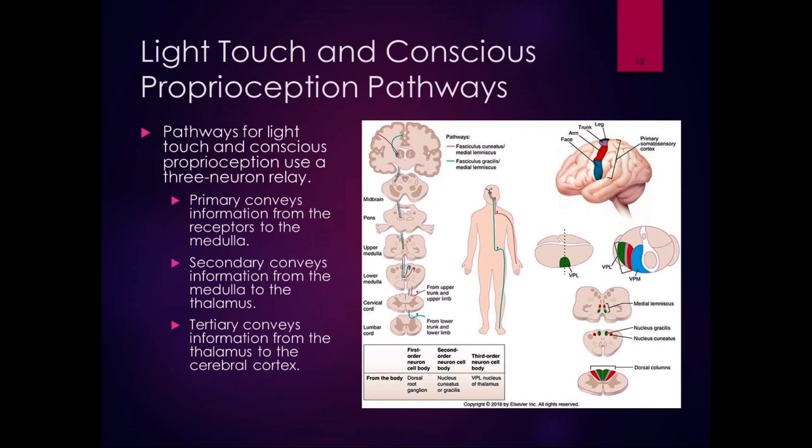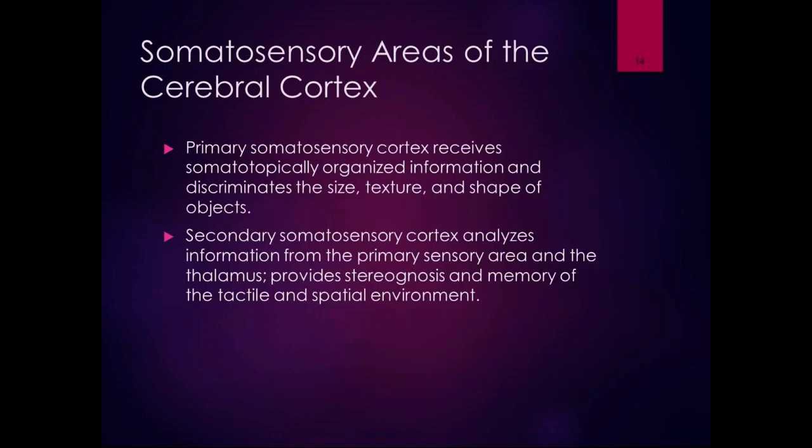This little diagram from the book shows all the vivid detail. But just looking at this, light touch and conscious proprioception information is going to travel in the dorsal column up to the medulla, and then in the medial lemniscus from the medulla to the thalamus, and then the projection neurons from the thalamus to the cerebral cortex.